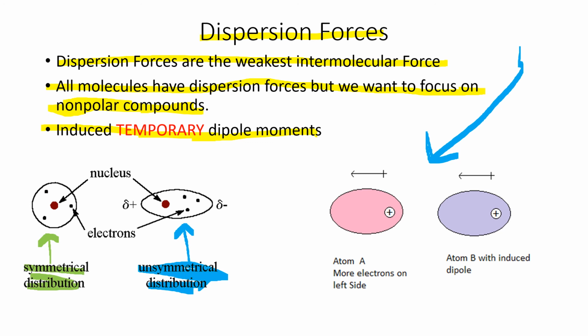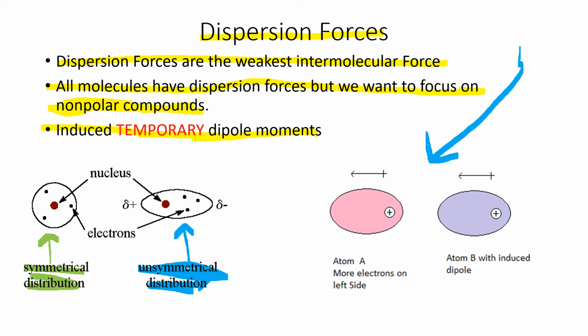Now these are very, very short-lived, very temporary, but it gives a small amount of intermolecular force that actually helps keep these molecules near each other, such that even these nonpolar compounds can still be liquids and solids potentially because of these very, very weak dispersion forces that come about from the random nature of the electrons.